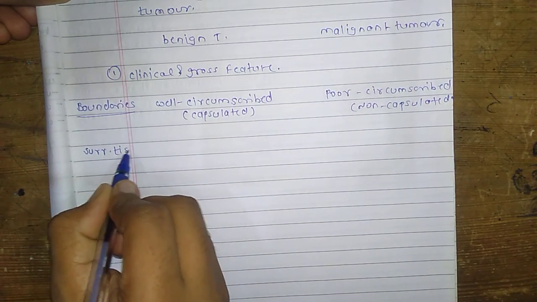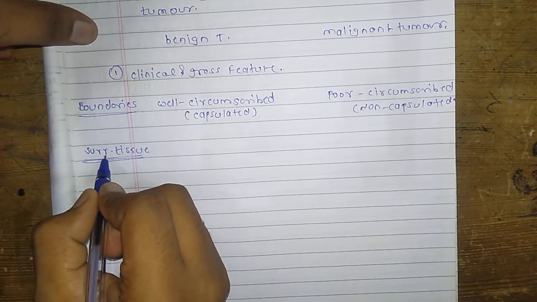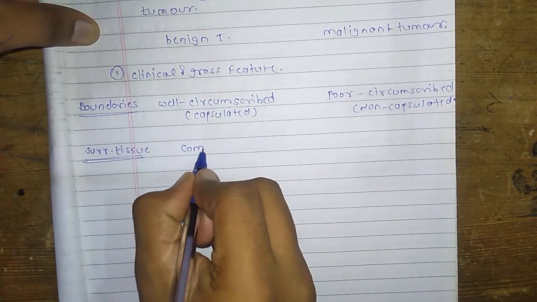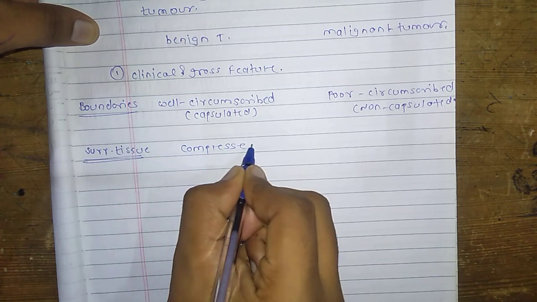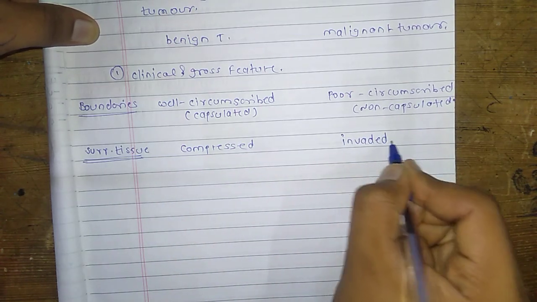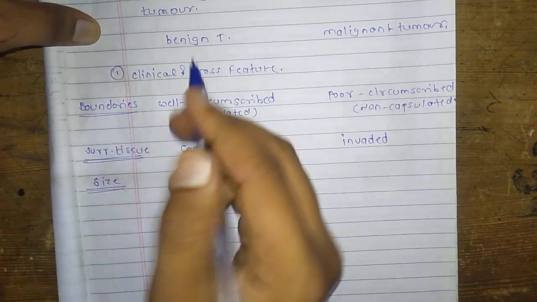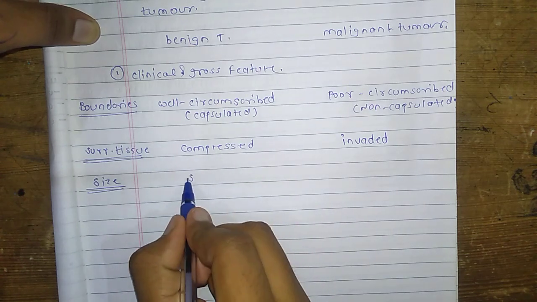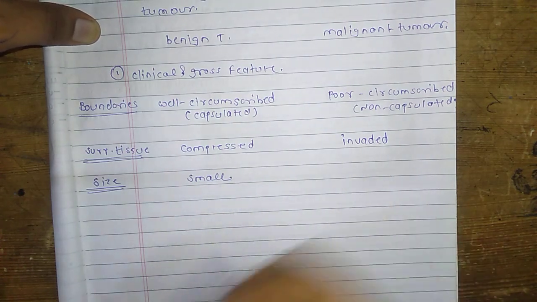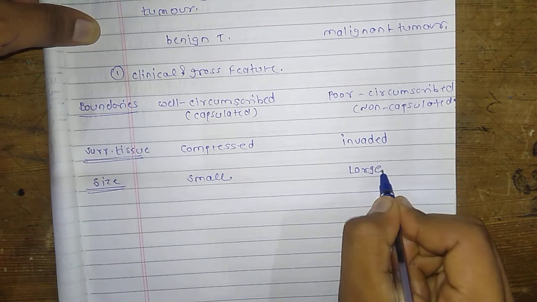Next point is surrounding tissue, in which the surrounding tissues are compressed in benign tumor, and in malignant tumor the surrounding tissues are invaded. Then the size of benign tumor is invariably small and malignant tumor is large.